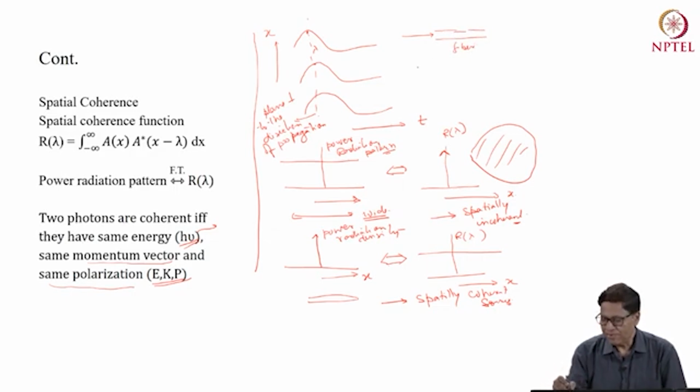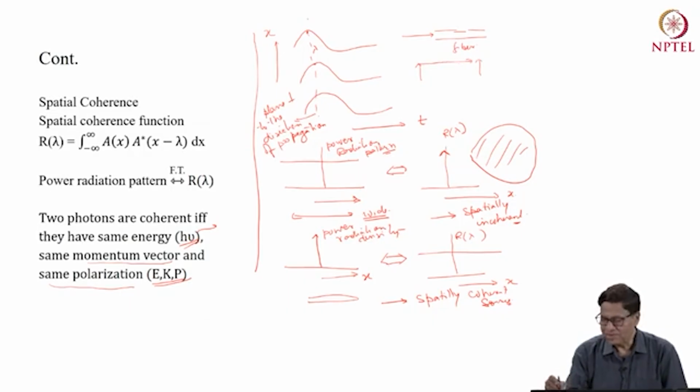And if you have, for example, a free space link, and this is the receiver here, you want all the light to get focused on the receiver. So you're looking for very spatially coherent light, so that it is directional and falls onto the receiver.